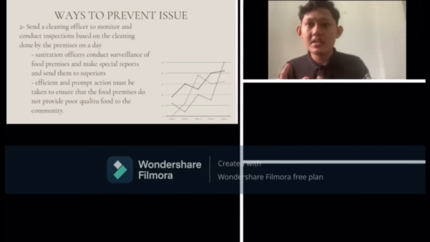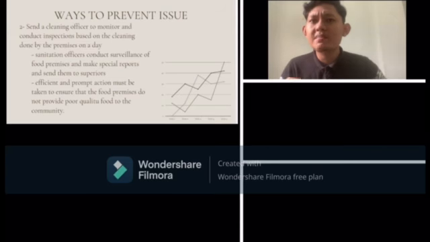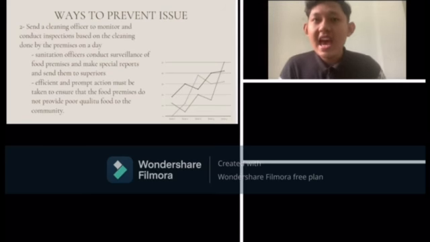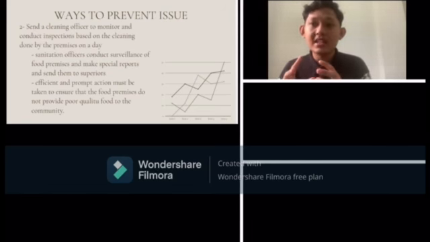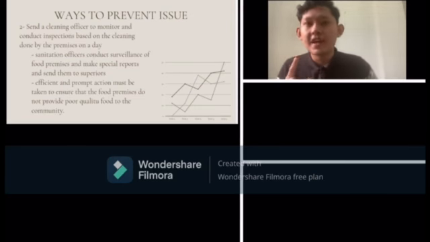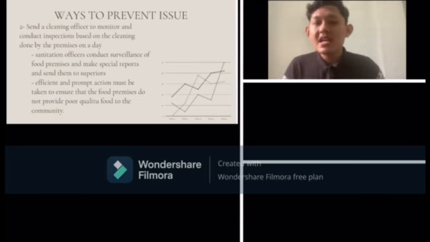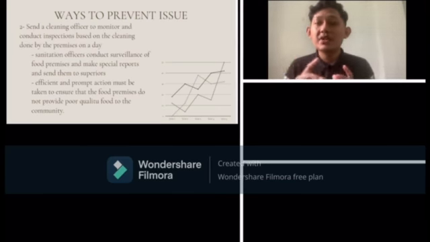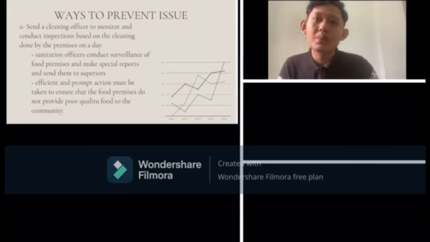This is because a food premise should always be in a clean condition to prevent the food made or cooked from being contaminated and exposed to dirty things or toxins that will affect the quality of the food produced. For example, a sanitation officer should conduct surveillance of food premises and make special reports and send them to superiors.